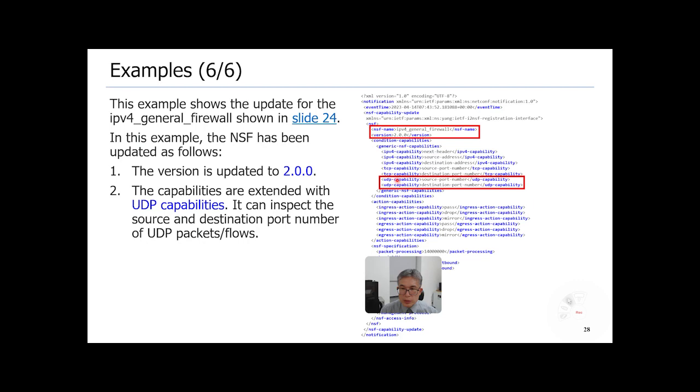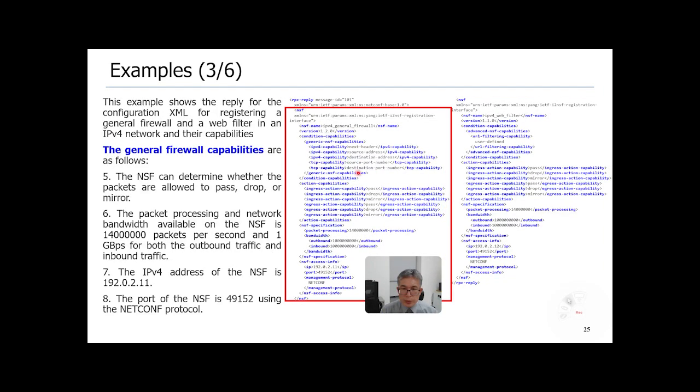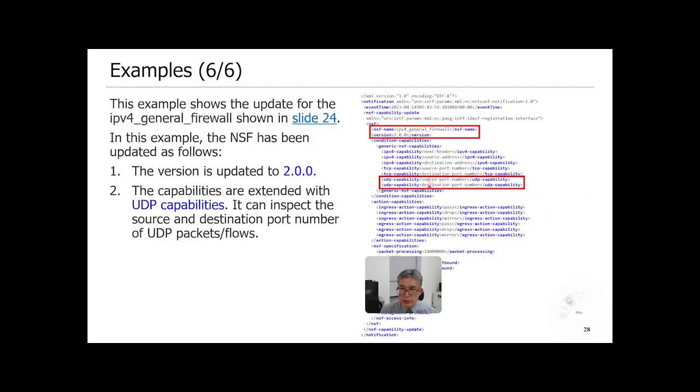A UDP capability is added. Previously there was no UDP. So the version is updated to 2.0.0, and the capabilities are extended with the UDP capability like this. This is the updated version. It can inspect the source and destination port numbers of UDP packets and flows.